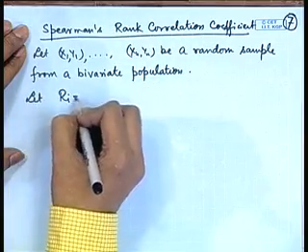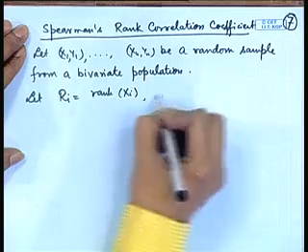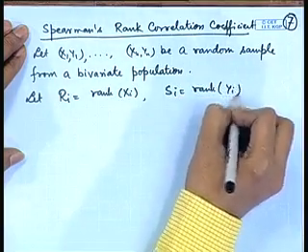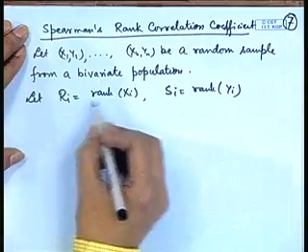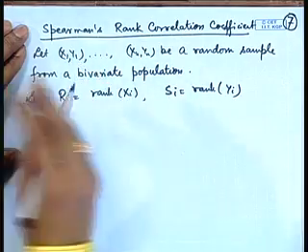Let Ri be equal to the rank of xi and Si be the rank of yi. So, what is the meaning of rank? We arrange these xi's and yi's in an increasing order. So, the smallest value is given rank 1, the second smallest is given rank 2, like that.